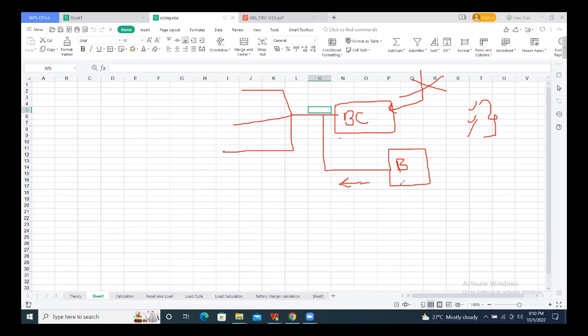Before going into the load schedule, we have to classify the loads. In the battery charger, this is very important. I already gave you this when discussing the auxiliary transformer, but I am repeating it here: in the load classification, we have continuous loads, non-continuous loads, and momentary loads.